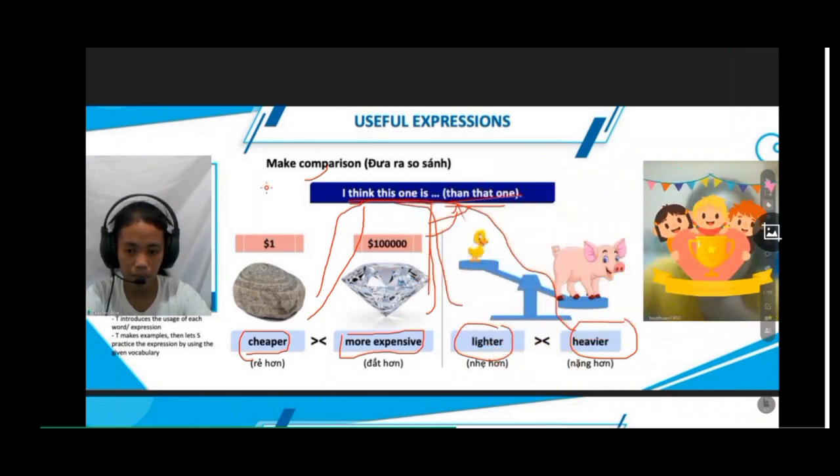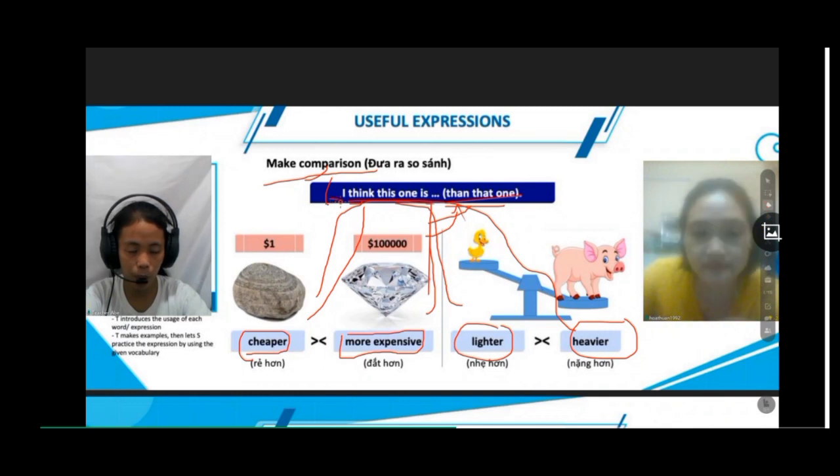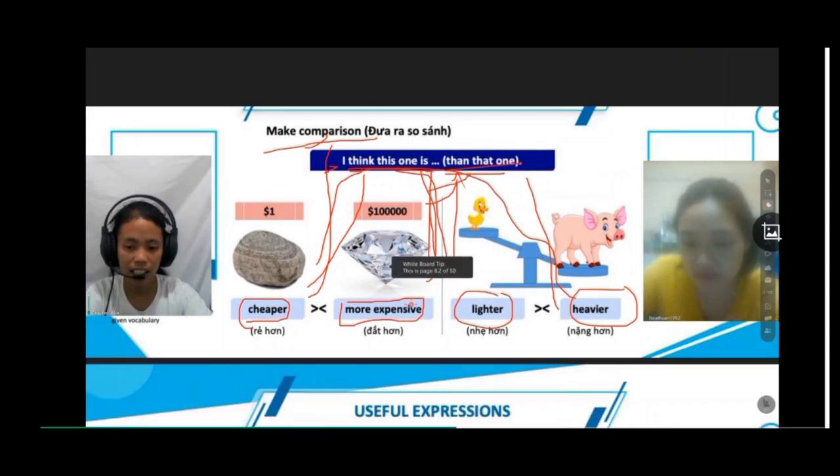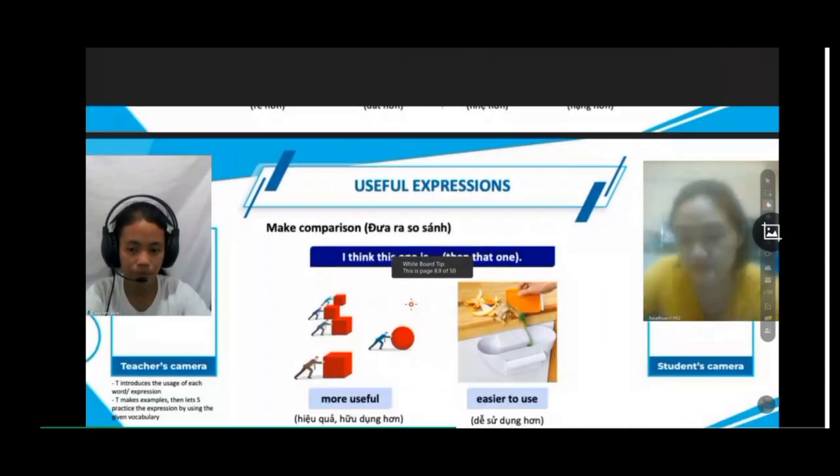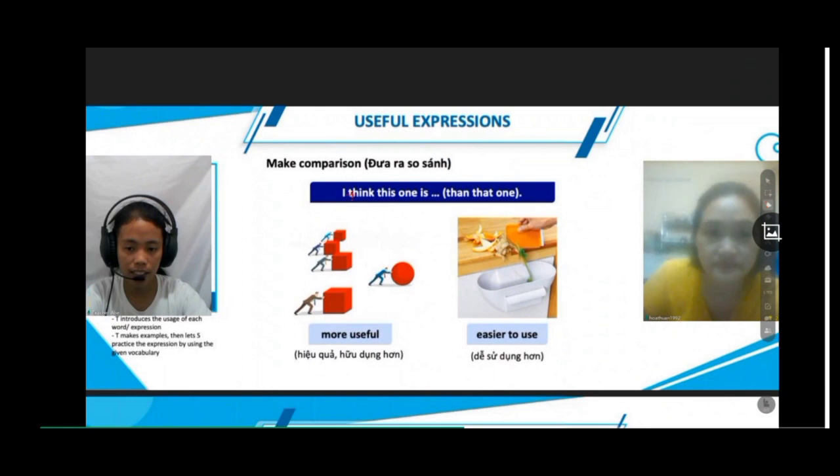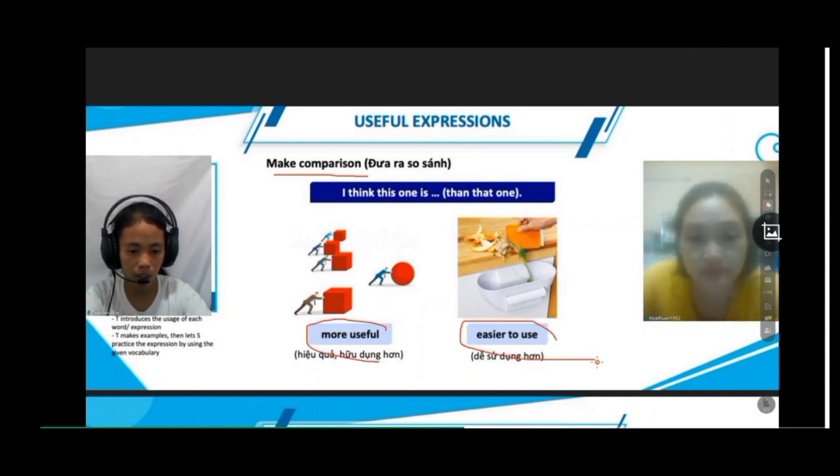So again, in making comparison, you need to use this sentence in comparing two things. Okay? So let's have the next slide. So this is an example again of making comparison. You can actually say that that thing is more useful or easier to use.